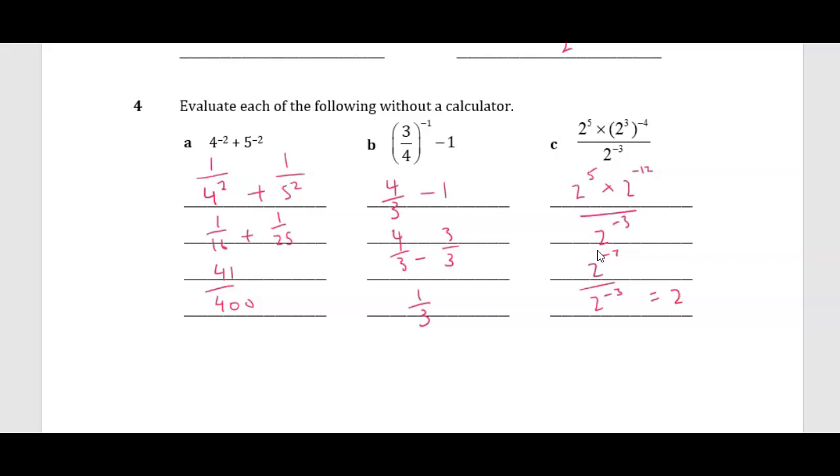So when you're dividing by the same base, your powers are subtracted. So negative 7 minus negative 3. So we're left with 2 to the, what is that, negative 4? No, yeah, negative 4. So that's going to become 1 over 2 to the power of 4, which is 1 over 16.